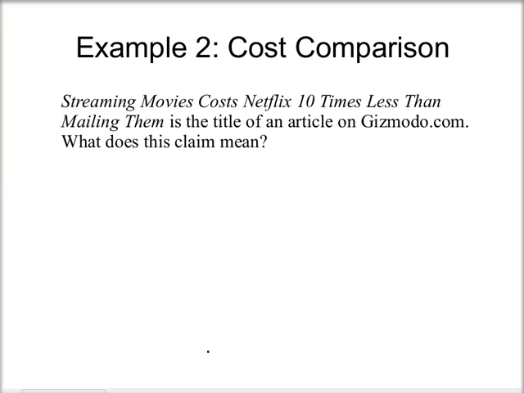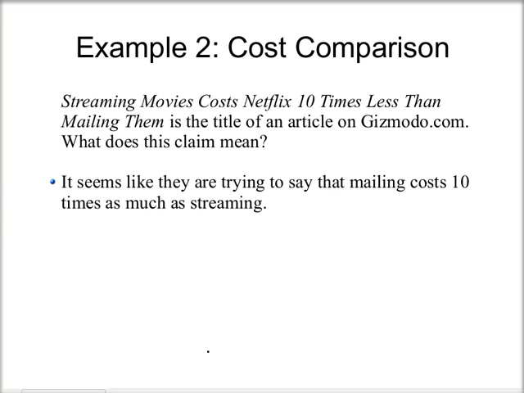First, let's look at a cost comparison. "Streaming movies cost Netflix 10 times less than mailing them" is the title of an article on Gizmodo.com. What does this claim actually mean? Well, it's not quite clear from the phrases that we've looked at what this means, but it seems like they are trying to say that mailing costs 10 times as much as streaming.